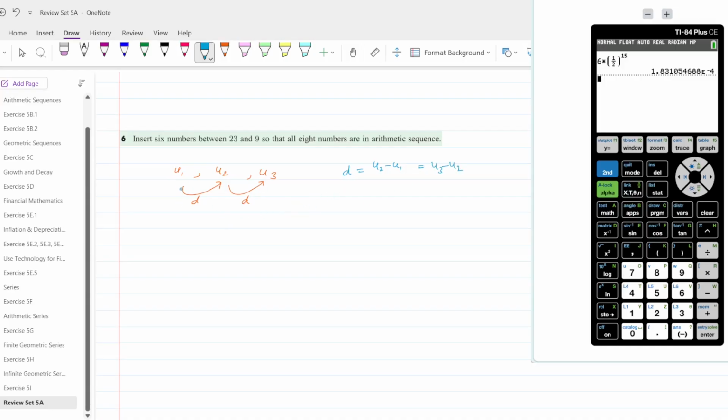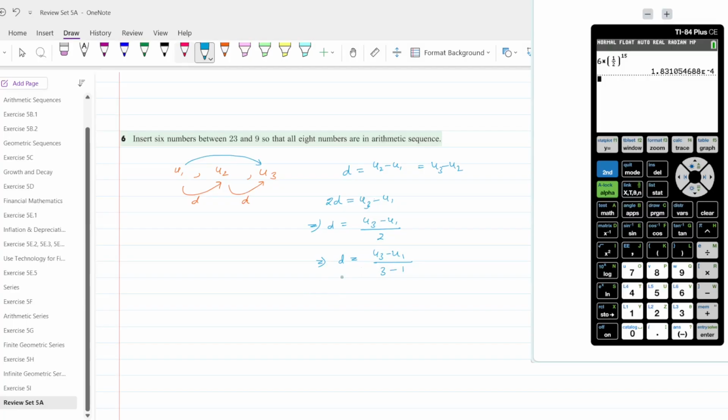Similarly, if we take directly from u1 to u3, we can say 2 times difference is u3 minus u1, or D, common difference is u3 minus u1 divided by 2, and we can rewrite it as D equals u3 minus u1 divided by 3 minus 1.